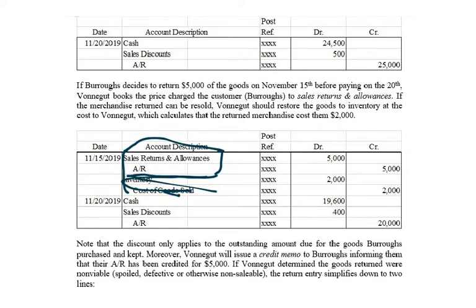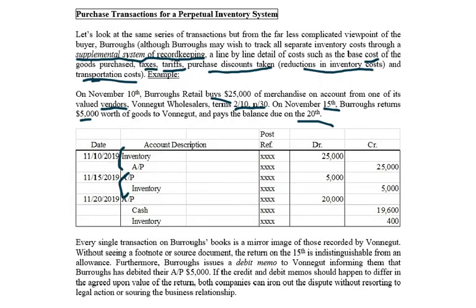In reality, if you look at these two lines and I asked you, is this a return or an allowance, you would say, I can't tell, because there's no way to tell the difference. You'd have to look at the details of the transaction to know if it was a return or an allowance, because as far as the accounting is concerned, it's identical. It's just take $5,000 out of AP, take $5,000 out of inventory.